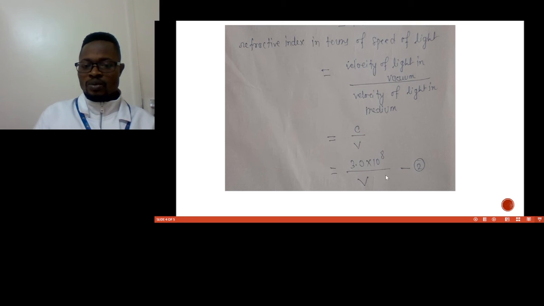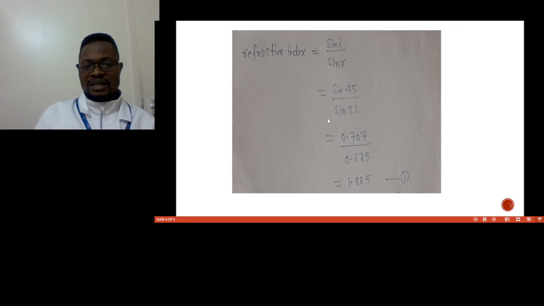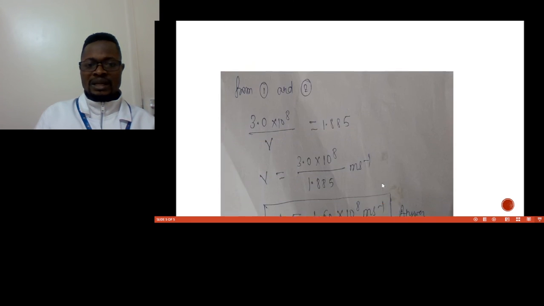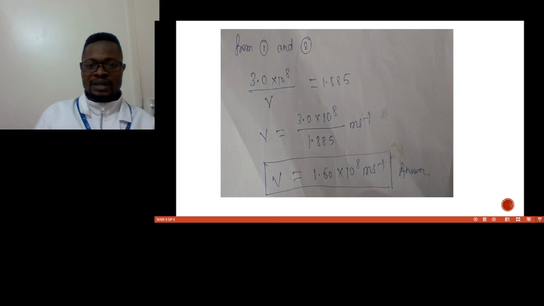So we are going to equate this to our refractive index. Remember, we already calculated our refractive index, and in the calculation it was approximately 1.885. So if we plug our refractive index into this equation, we will have 3.0 times 10 raised to power 8 meters per second divided by v, which is the velocity of light in the medium and is not given, equal to the refractive index.